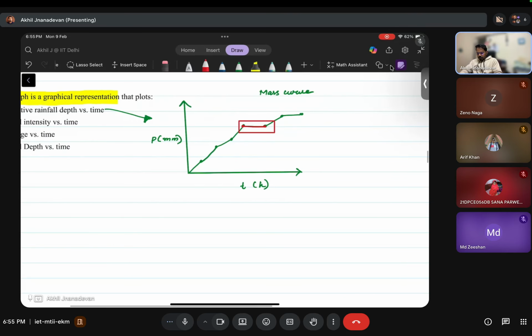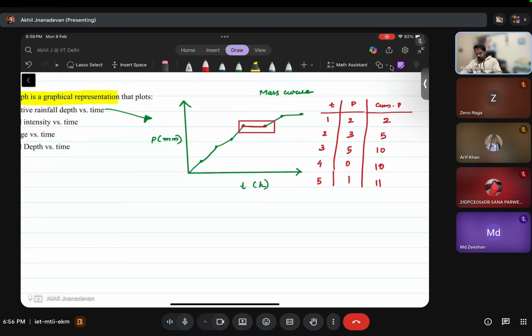So if I write P versus time: the first hour 2 mm happened, second hour 3, third hour 5, fourth hour no rainfall, fifth hour again 1. Cumulative rainfall would be first hour 2, then 5, 5 plus 5 is 10, then remains 10, then 11.